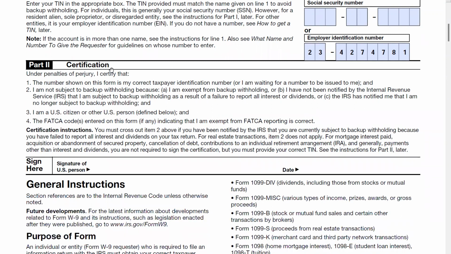Once we go down to the certification, this is so important with tax documents. You want to make sure that you are actually reading what you're signing, right? Because right here under penalties of perjury, you are certifying that everything on here is correct. You're also certifying that you are not subject to backup withholding.